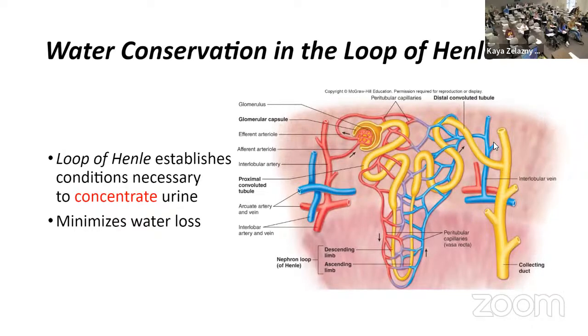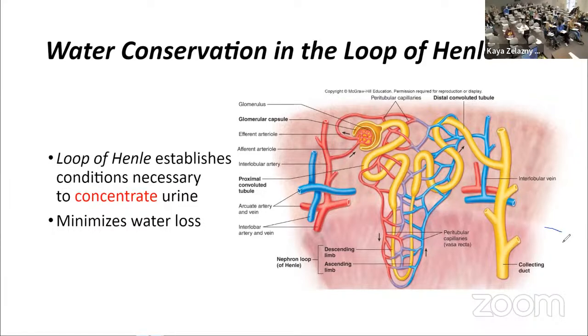So as we talk about water, we've already talked about the fact that we have a bunch of reabsorption of water happening in the peritubular capillaries. We've seen this little preview that the loop of Henle is going to be really important for water reabsorption because it's going to be creating these conditions that allow us to concentrate urine to minimize water loss as it sets up a specific environment here in the renal medulla, so in this pyramid. Okay.